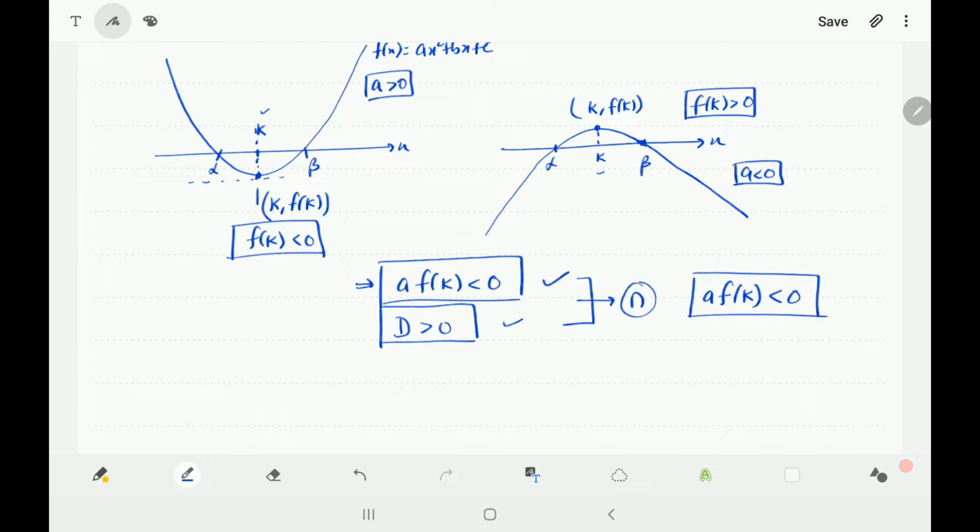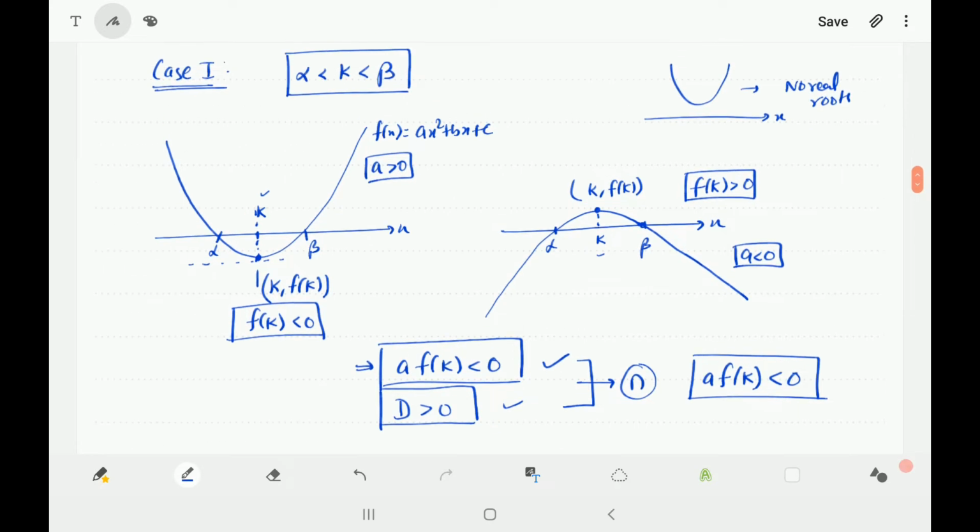Okay, I'll just repeat it once again, that we wanted to find out the condition that a number k lies between the roots alpha and beta. I have drawn two particular cases in which k can be between the roots. One is an upward parabola and one is a downward parabola. In the upward parabola, we found out that a is greater than 0 and f of k is negative.